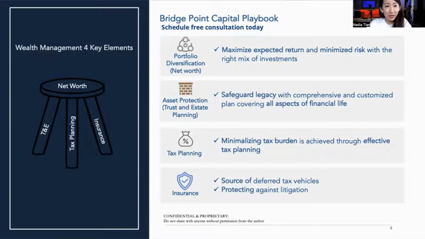Thirdly, insurance is always very helpful in terms of protecting your assets, as well as serving as a source of deferred tax vehicle. And finally, trust and estate planning is to, again, help you with asset protection and also pass your wealth to the next generation or generations.